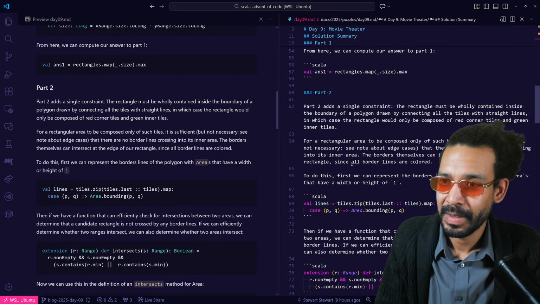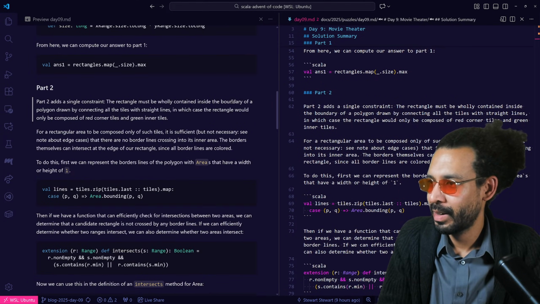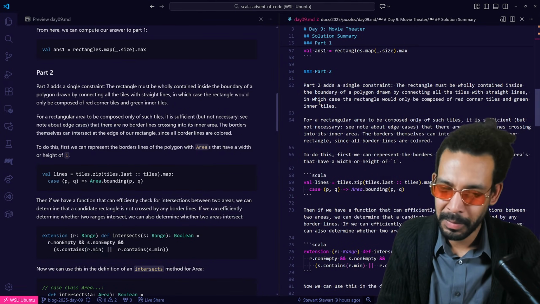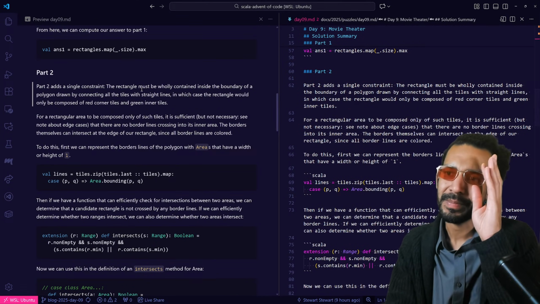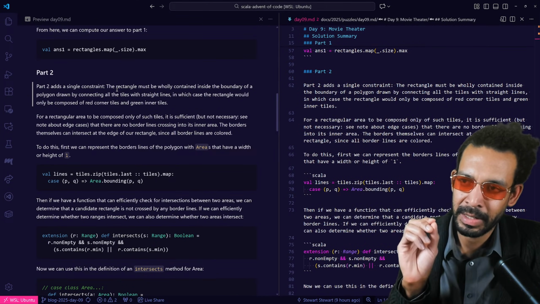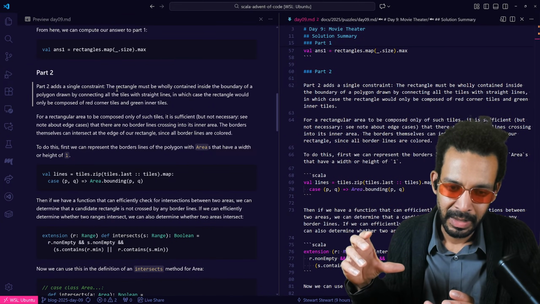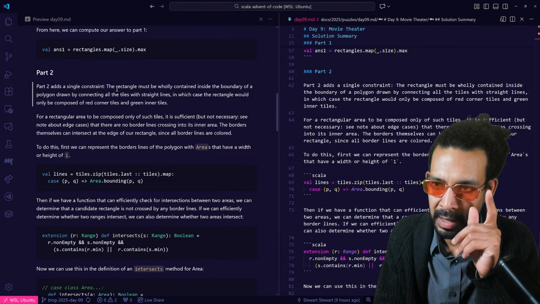So part 2, this is, I think, where my approach was able to simplify things nicely. There's only a single constraint, and that's the rectangle must be wholly contained inside the whole shape that we're creating with all these boundaries, right?